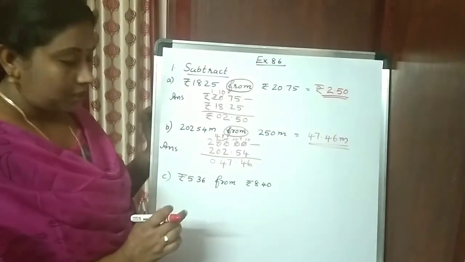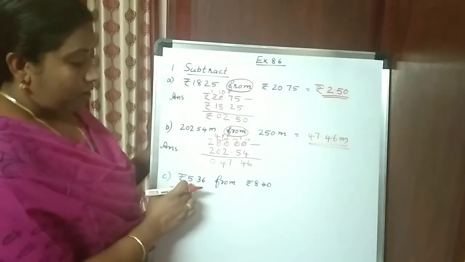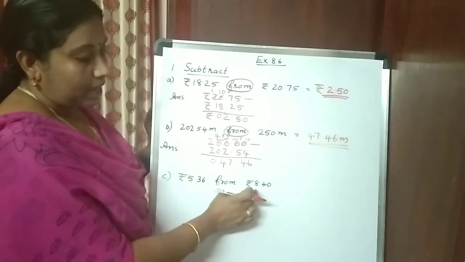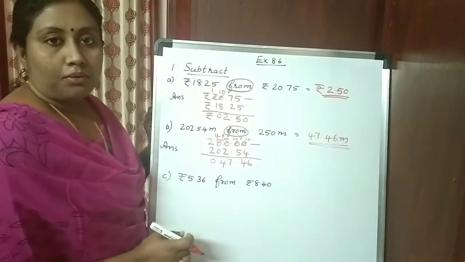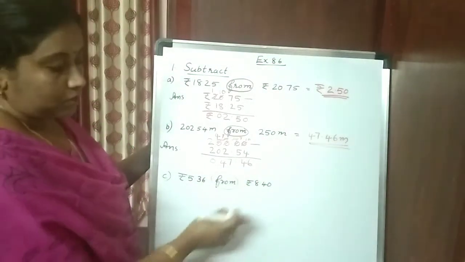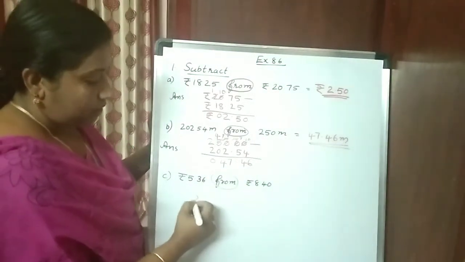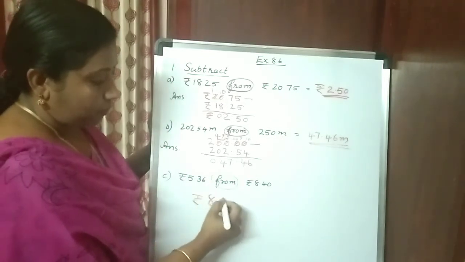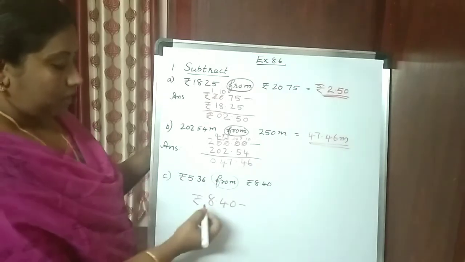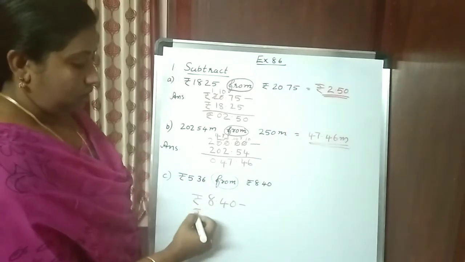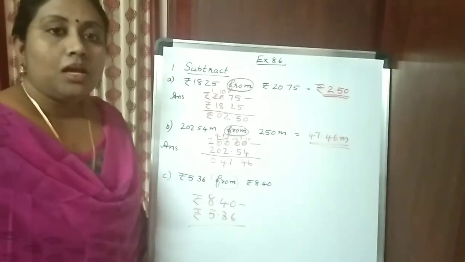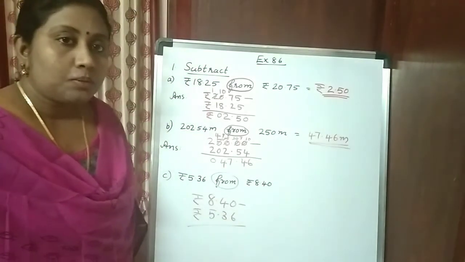Then your third question, rupees 5 and 36 paise from rupees 8.40. Here also from. So first you write which number? Rupees 8.40. First you write this number. Then rupees 5.36. 0 minus 6, is it possible?